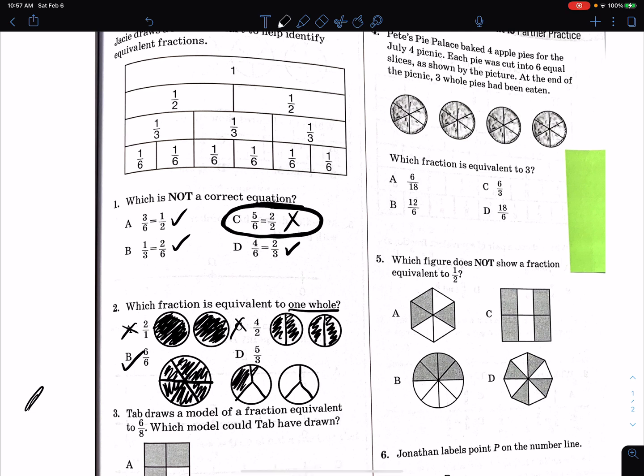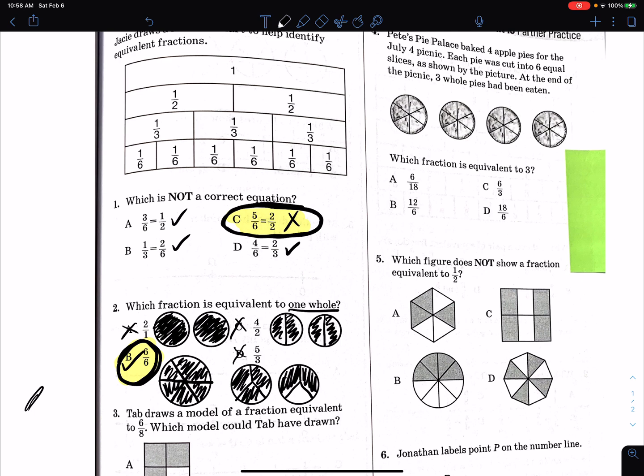So 1, 2, 3, 4, and 5. Well, that gives me one whole colored, but not another whole over here. So I know that 6/6 is going to be my correct answer. Alright, 6/6. I'm just going to highlight these so you can see them a little bit better.